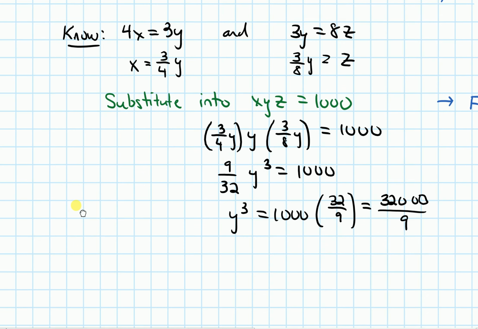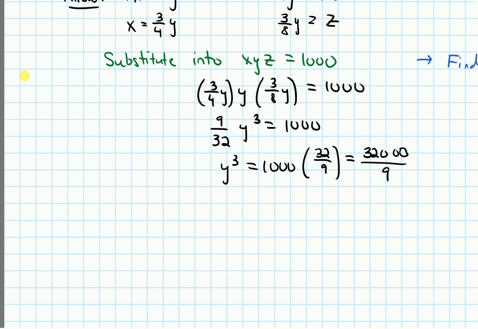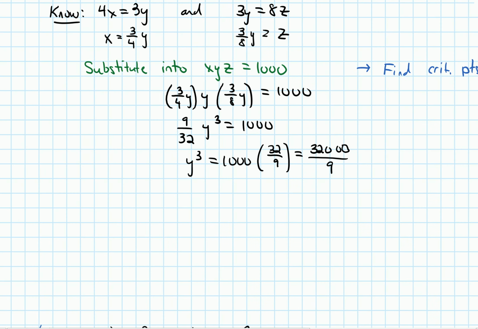All right, so we know what y is at this point. So let's write it down. To get y, I would just cube root both sides. And that would give us y equals the cube root of 32,000/9. And I'll plug this into a calculator and tell you what this is roughly, rounded.